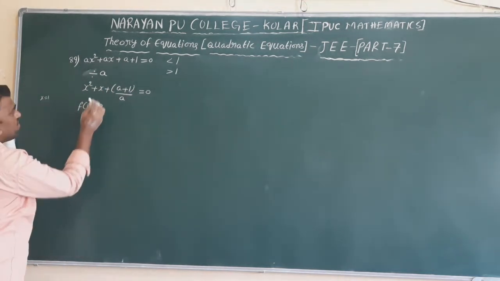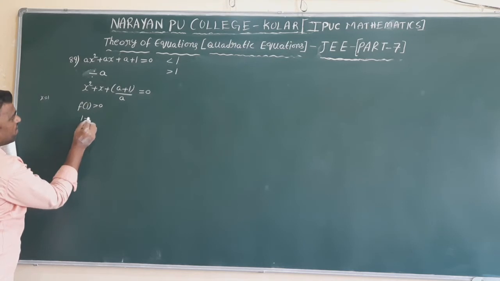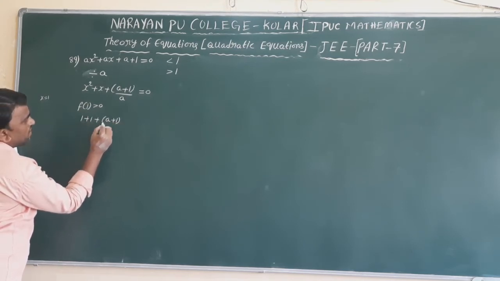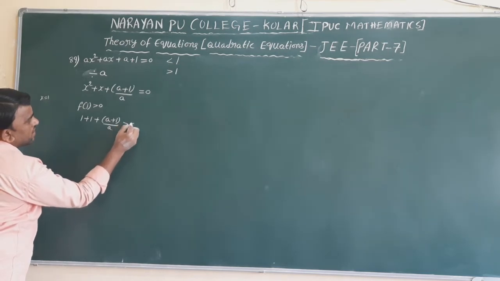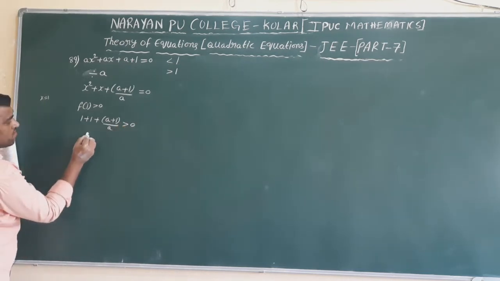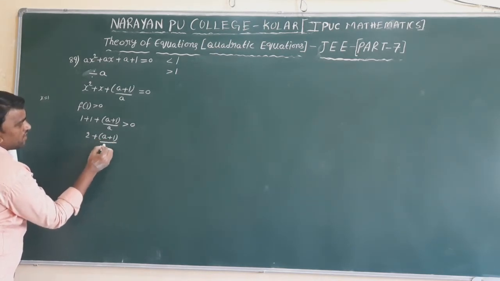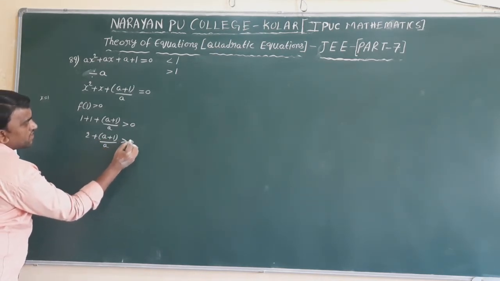Okay, so 1 plus 1 plus (a plus 1)/a is greater than 0. 1 plus 1 is 2, so 2 plus (a plus 1)/a is greater than 0.